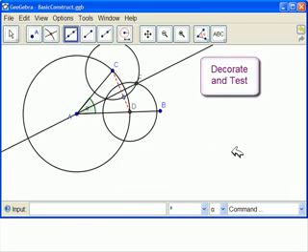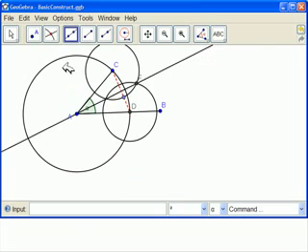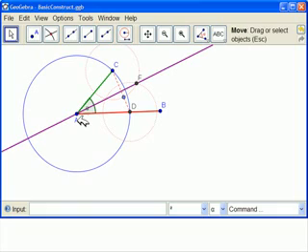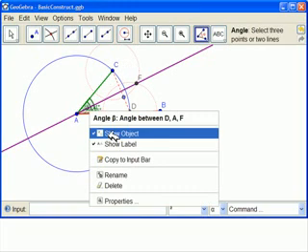Now we need to decorate and test. Here we have decorated the construction, and now we need to mark the bisected angles. So we need our angle decoration tool. We can pick either B or D, and then A and then F. So let's pick D, A, F, and then F, A, C. So we want beta and gamma.